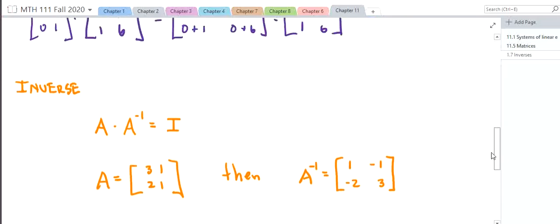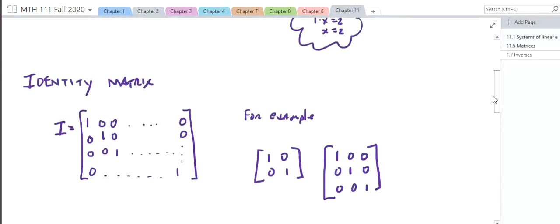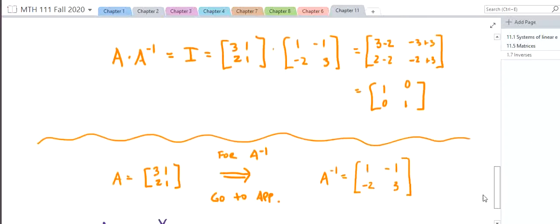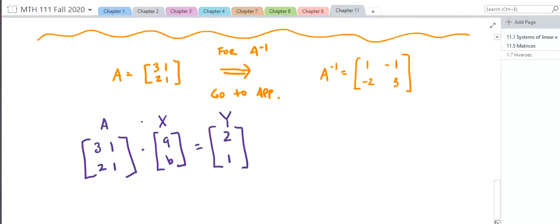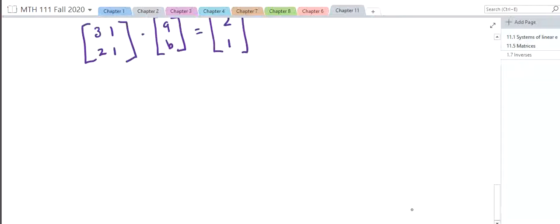I forget, did we call it something? Oh, we had the X and Y, so I guess we called this Y. It doesn't matter what you call your matrices, actually.